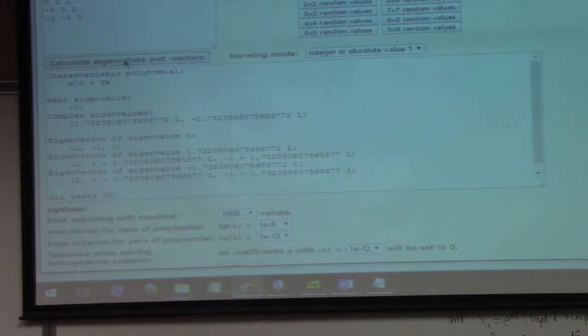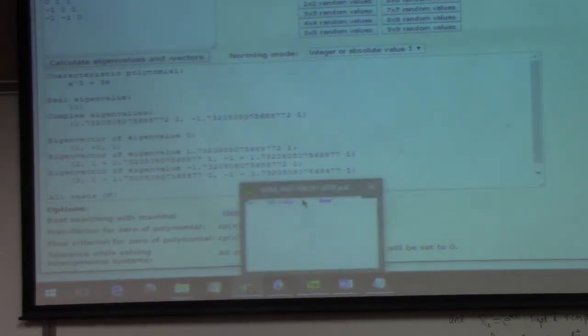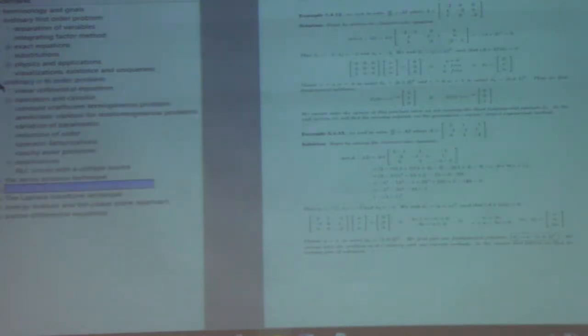All right, so let's look at my notes for a little bit because my notes have more examples. And let's see here. Where'd my stupid notes go? Oh, duh.